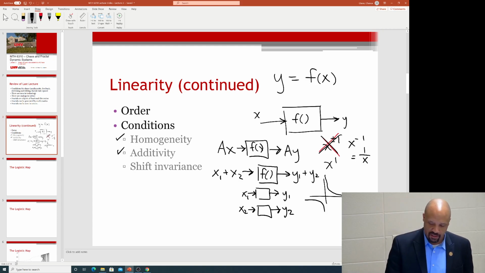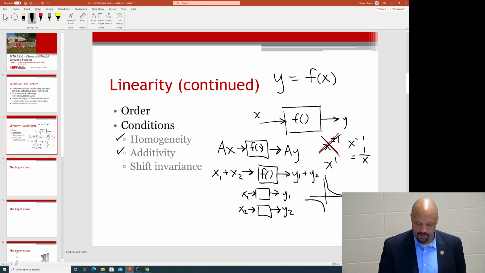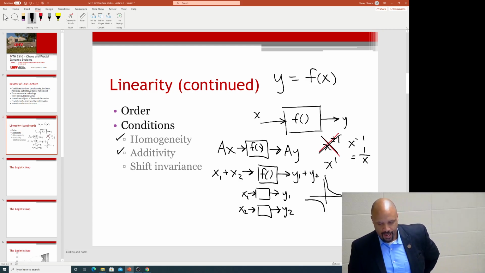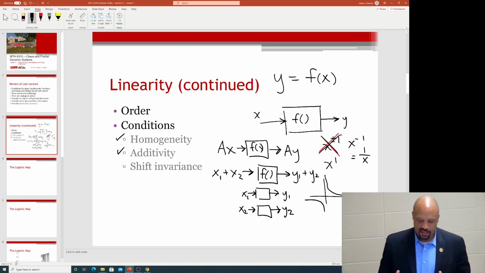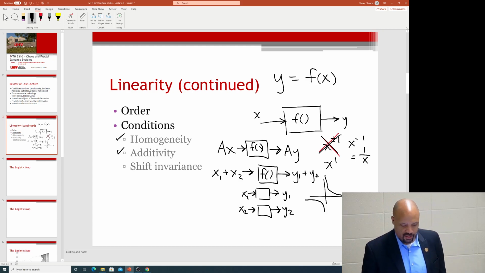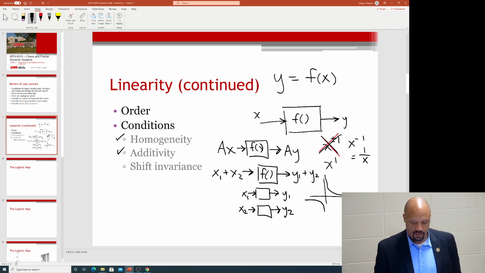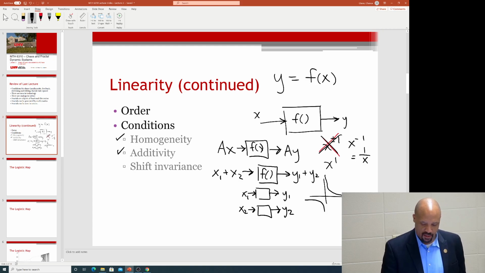The last condition is something called shift invariance. What that means is that it doesn't move around with the function itself. So this is what I mean.